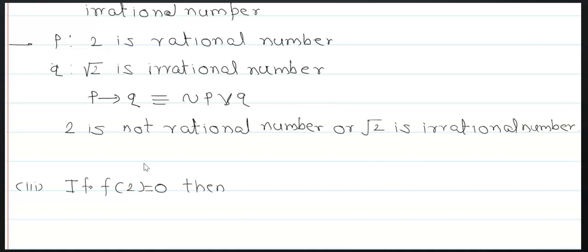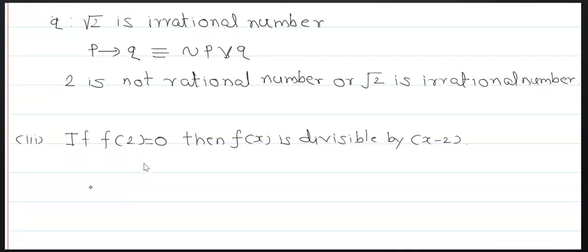Third, if f of 2 is equals to 0, then f of x is divisible by x minus 2. Again here, P, f of 2 is equals to 0. What about Q? F of x is divisible by x minus 2.